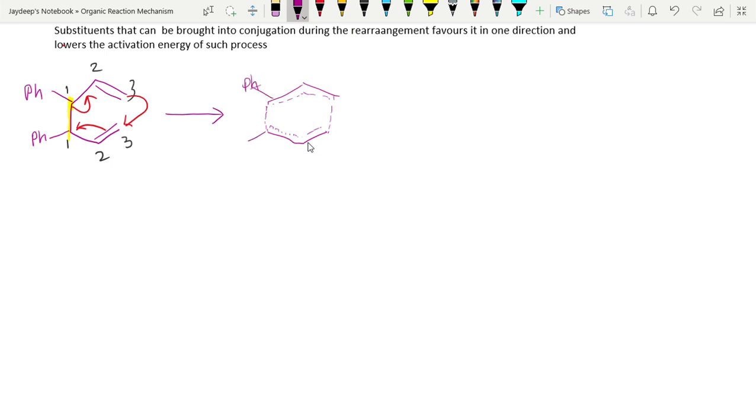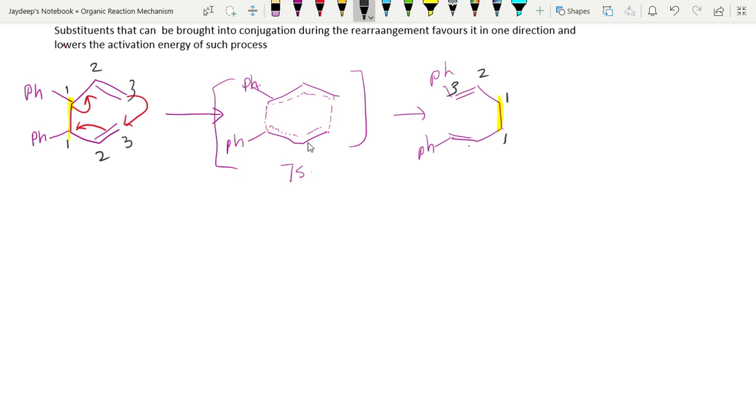Ph, here Ph is there. So this is the transition state. After the transition state, the product is going to be formed. Now here you can see the new sigma bond is formed, and the numbering should be here, that is 1 2 3.